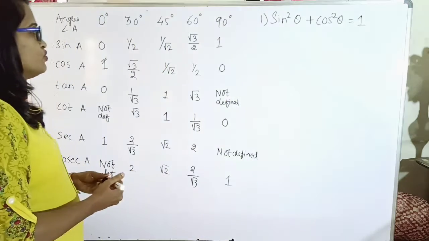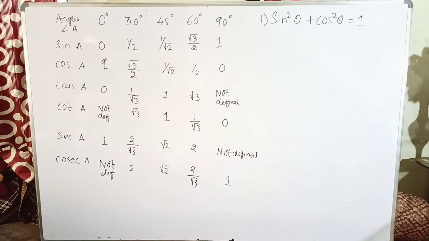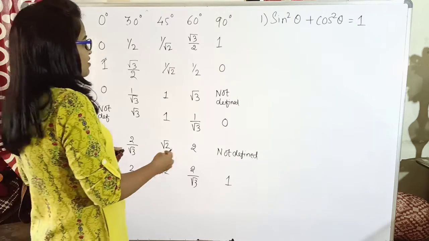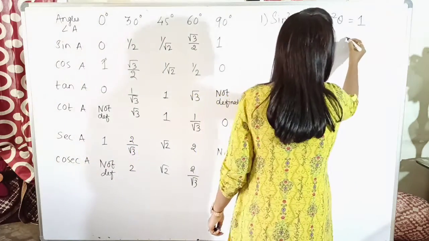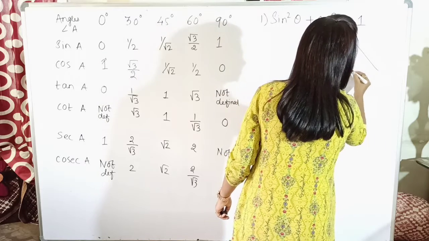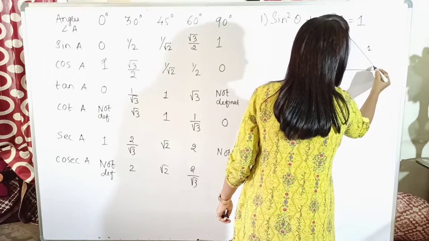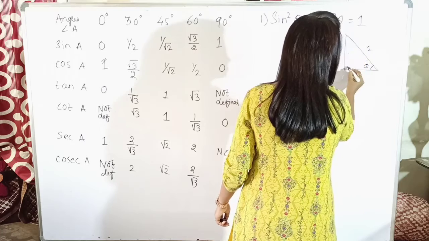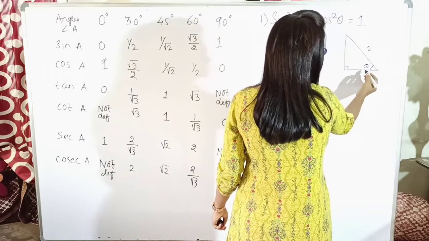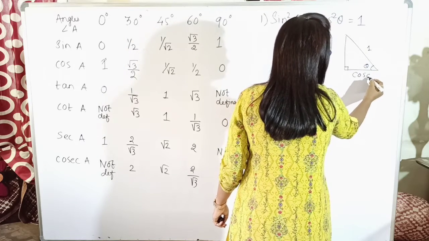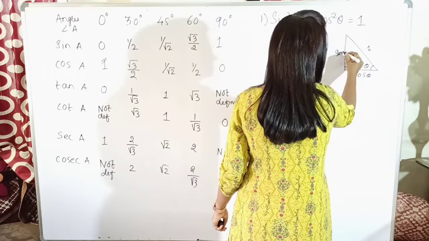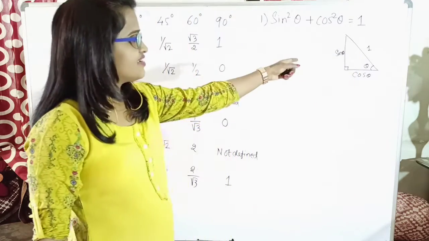So how can we prove that sine square theta plus cos square theta is equal to 1? Yes, let us take our same right angle triangle in which the length of the hypotenuse I had taken as 1, isn't it? So this is your 90 degree. With respect to theta, this will be my cos theta and this will be my sine theta. Very easy. That is a right angle triangle.